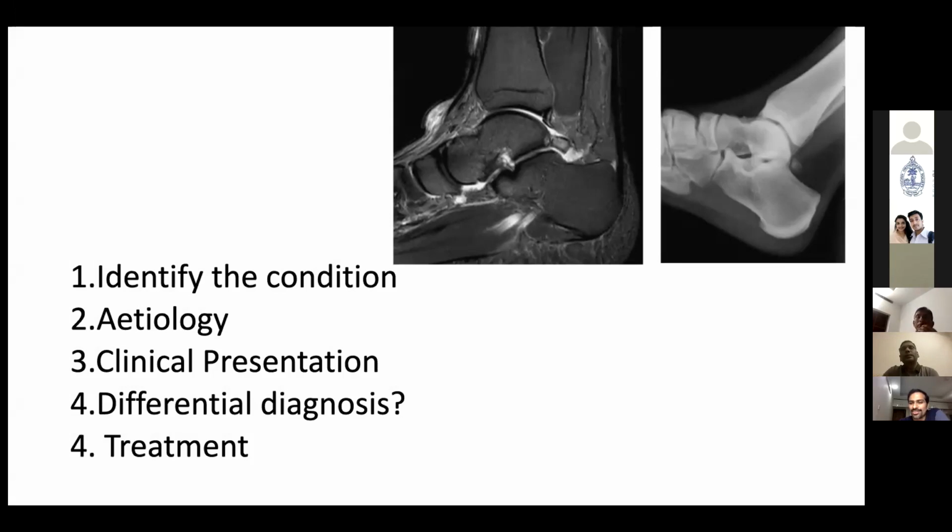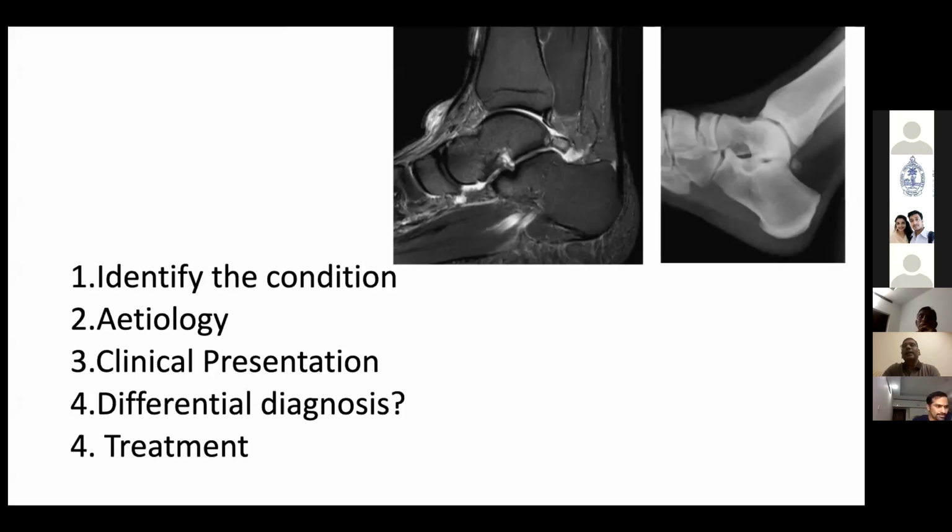Or any volunteers? Avascular necrosis of the talus, talar neck. Yes, Dr. Manoj. So the AVN you usually need to see in an AP view, so we'll come to that in the next slides.